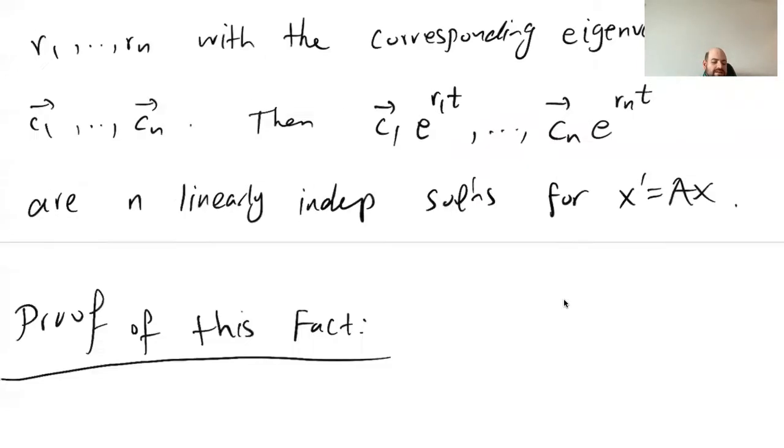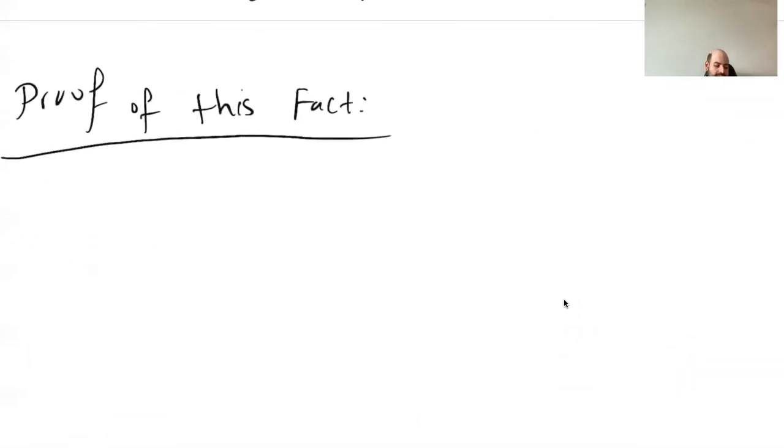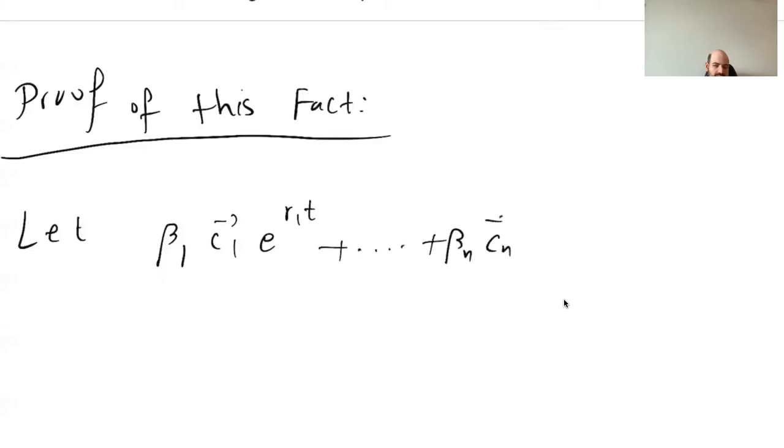So suppose that beta1 times the first solution, which is c1 e to power r1t, all the way to betan cn e to power rnt, equals 0.